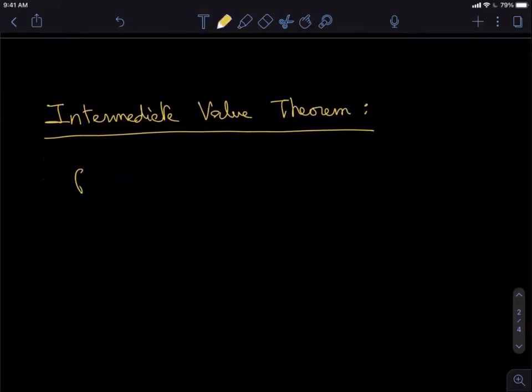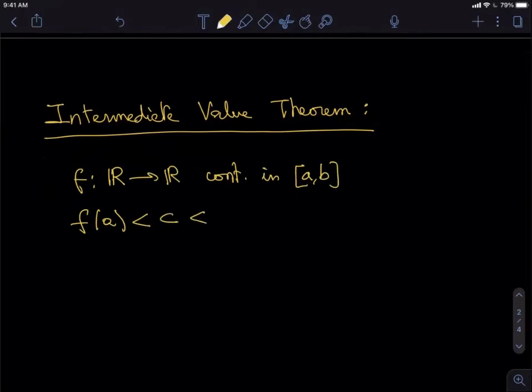It says that if we have a real function which is continuous in a closed interval, very important, that it is continuous and the interval is closed, and we have that f of a is less than c less than f of b, or the inequalities go the other way around, either way is good.